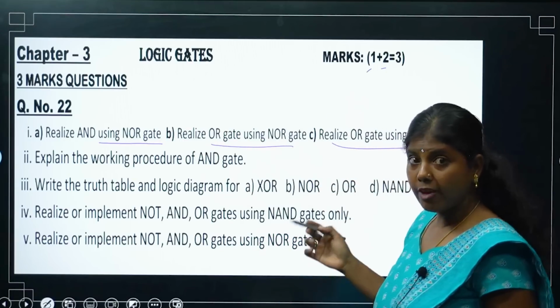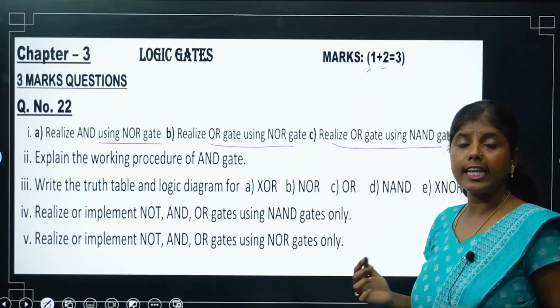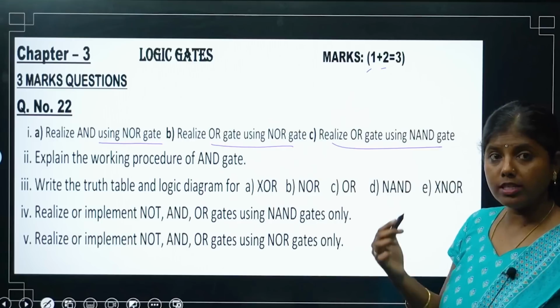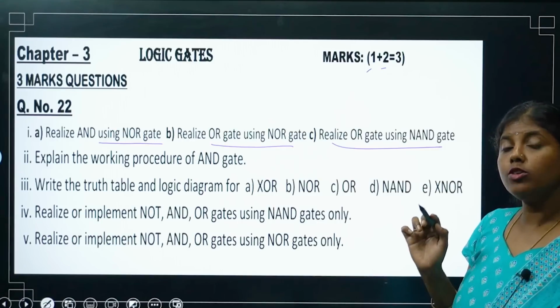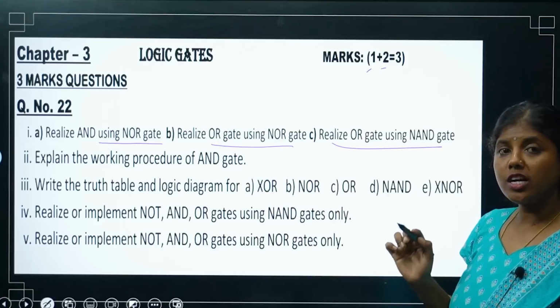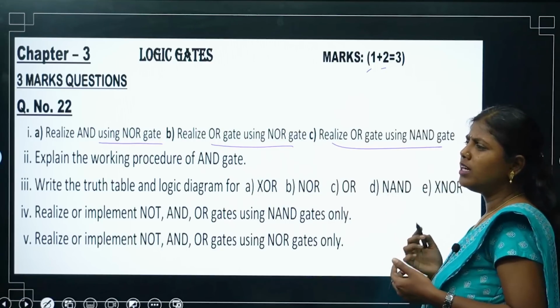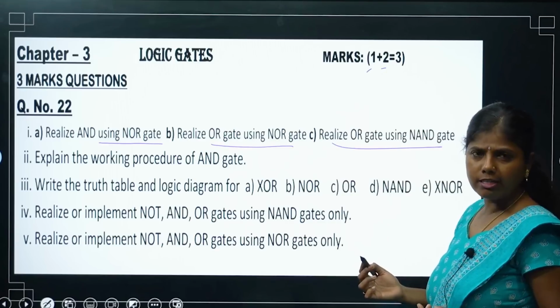So remember, we have basic gates like AND, OR, NOT, and then we have other gates like NAND, NOR, then XOR and XNOR. These are all the derived gates. NOR gate and NAND gate are called universal gates. Gates using which, NAND and NOR, if you are able to derive the basic gates, you can derive any gate.